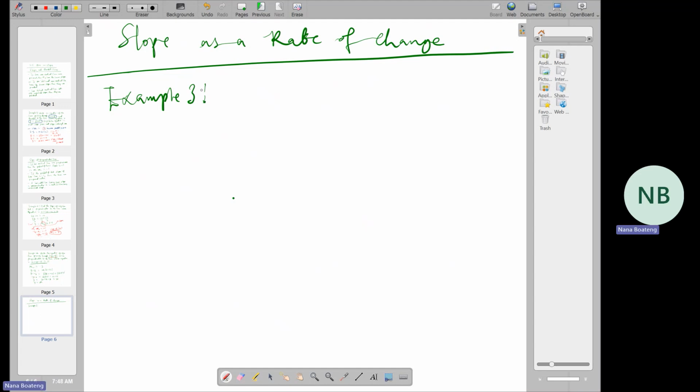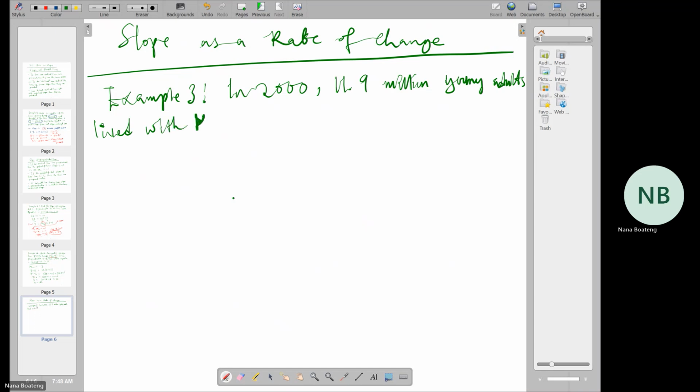It says, in the year 2000, 11.9 million young adults lived with their parents.